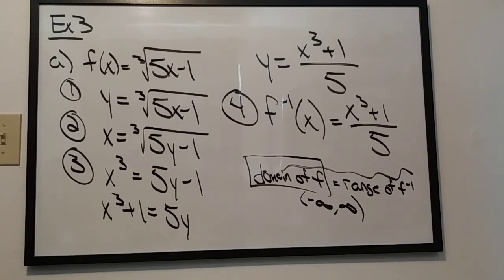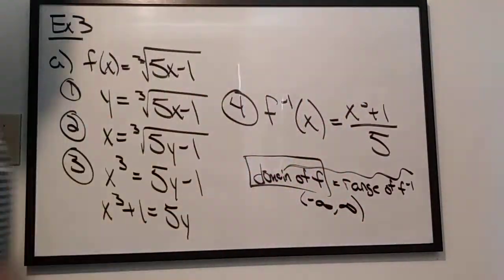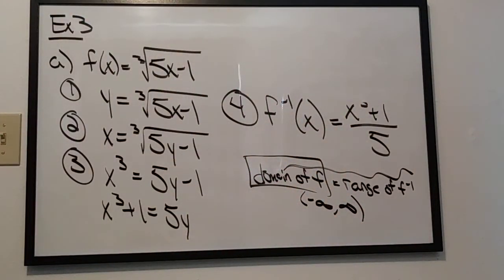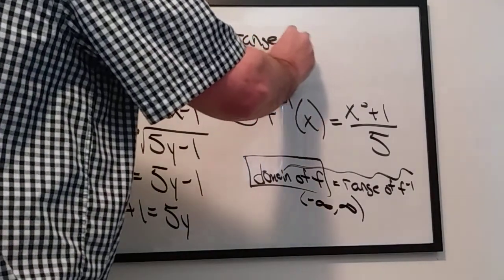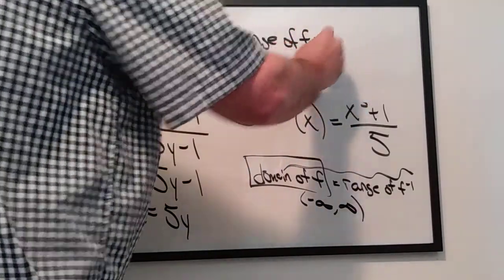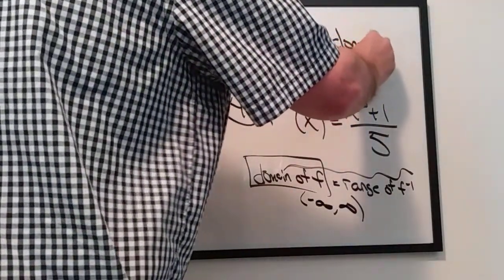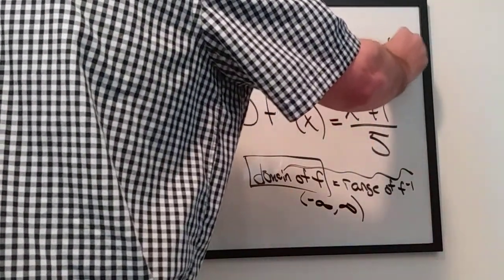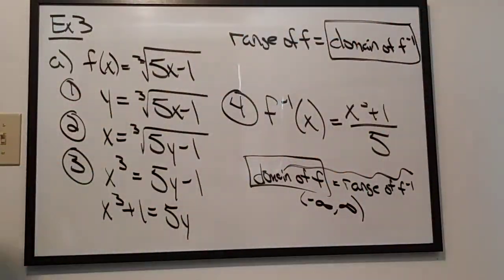And once again, the question is, which of those is going to be easier to find? Again, the answer is the domain. So even though the range of f is written first, that's not the easiest one to find. The easiest one to find is the domain of f inverse. So if I find the domain of f inverse, I then get the range of f for free.